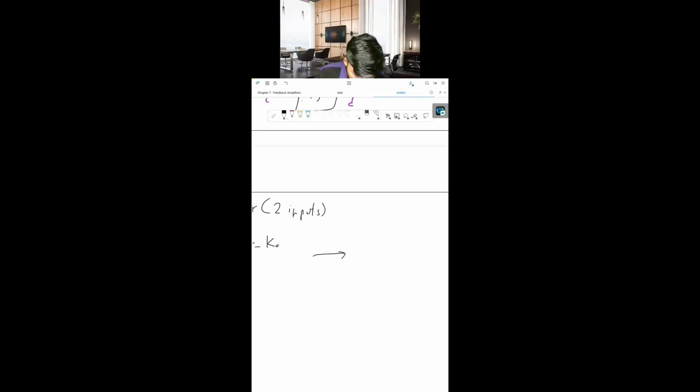You can see the input is from V_in, and we have the feedback which is from the tachometer, V_T, connected to the K_A.